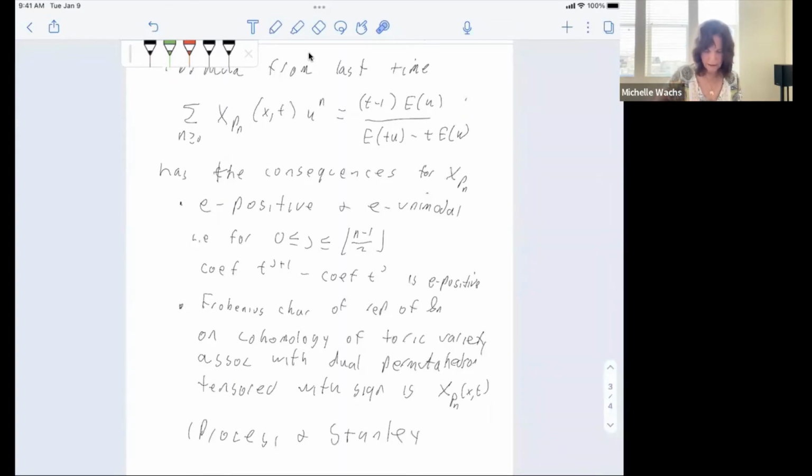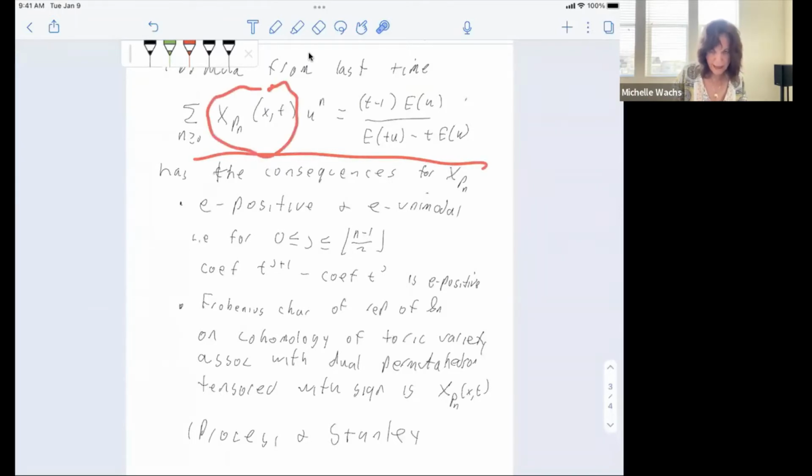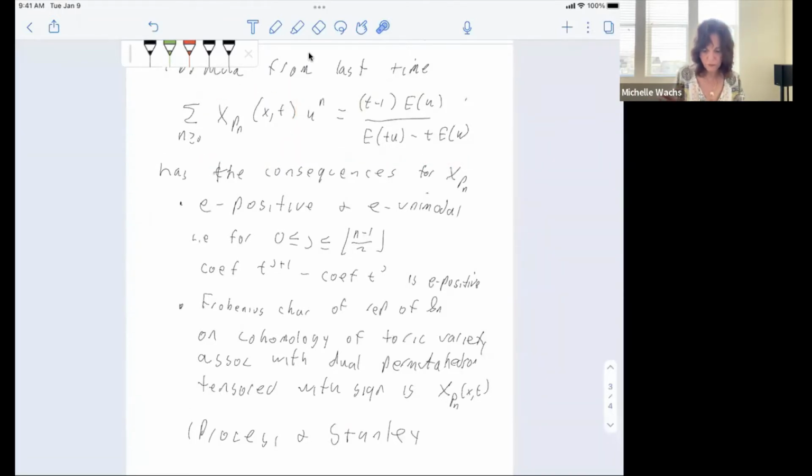They got this for the generating function of the Frobenius characteristic, and since John and I proved this, we know that it is the same. That's why this claim holds.